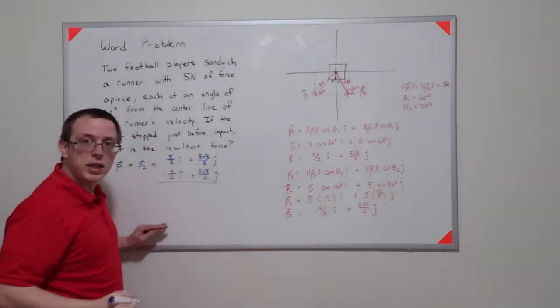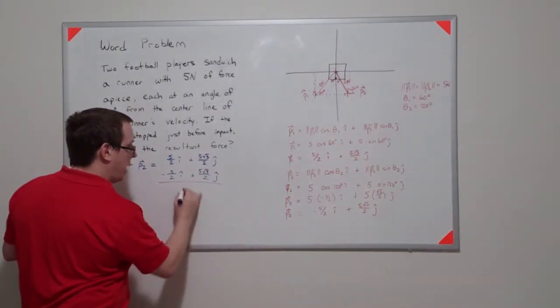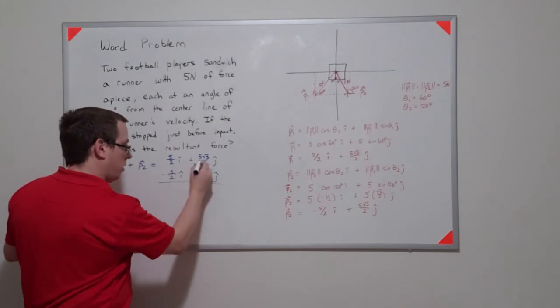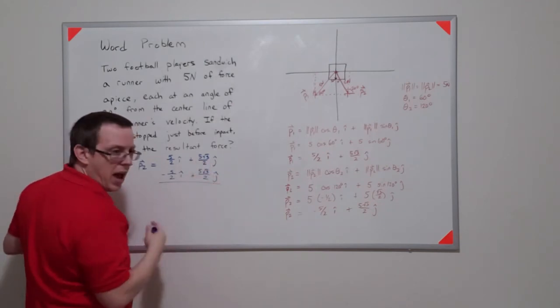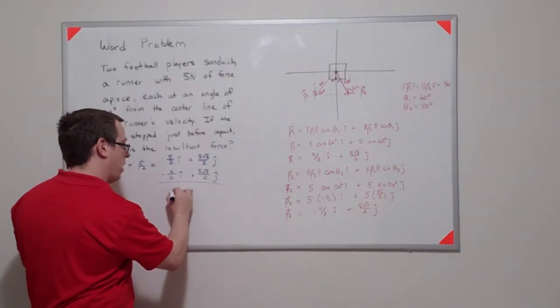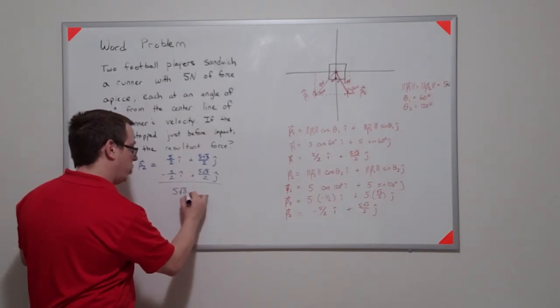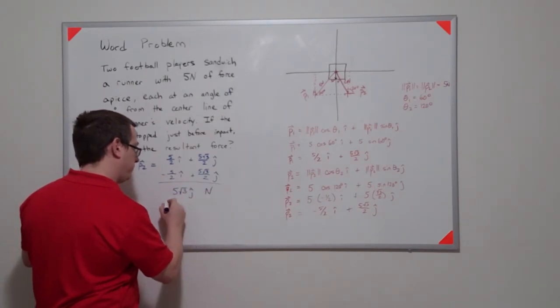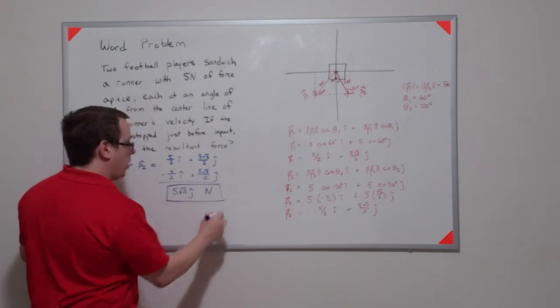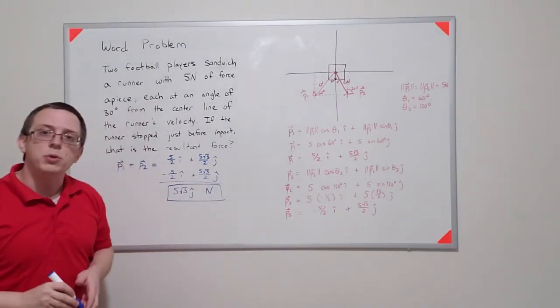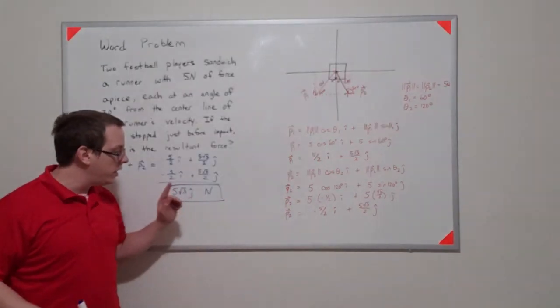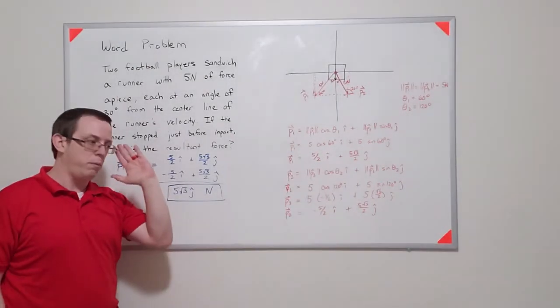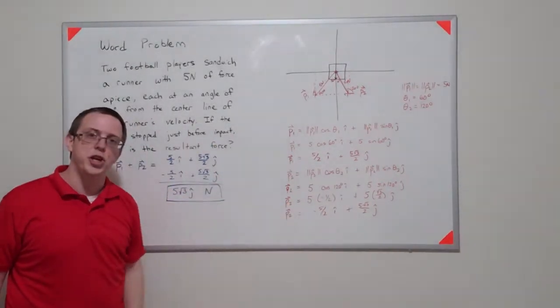So the i's actually cancel, and you only have a j vector. Notice this is 5/2 twice, so that's just 5. So it's 5 square root of 3 j newtons. So this is another example why you want to use component vectors, because when I look at this, I can automatically know that that force is only in the j direction.